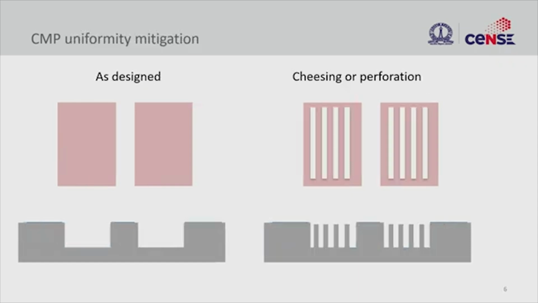And this is again an example of a CMP uniformity issue addressed here, where you take a structure that has a trench, right, and now when you fill it, you will end up with this dish, right? But this is a large open area, so this is not only dishing in this direction, you will also have a dish in this direction, right?